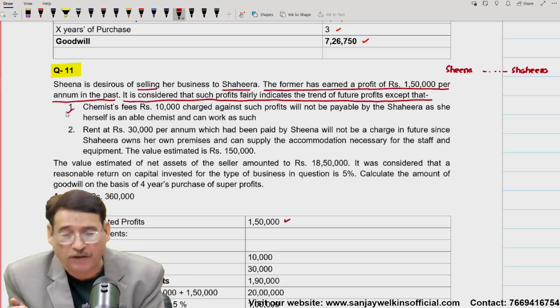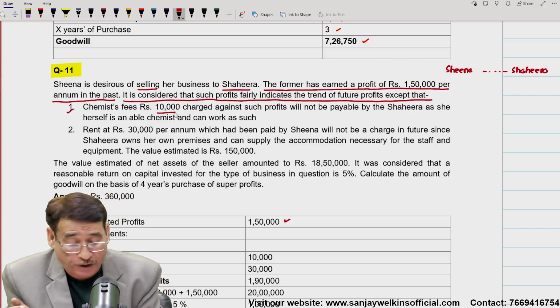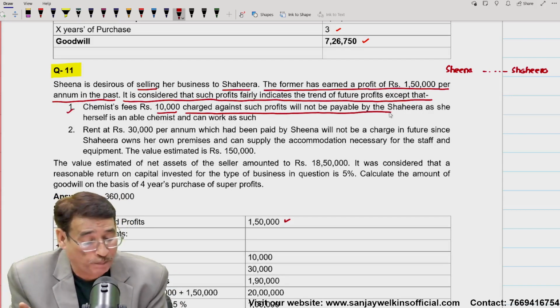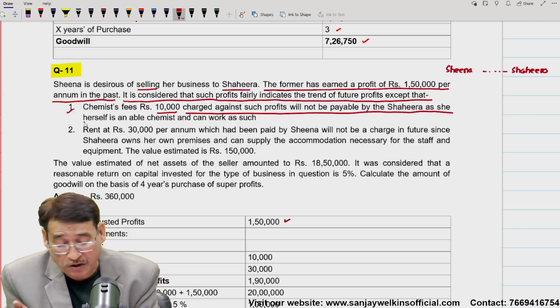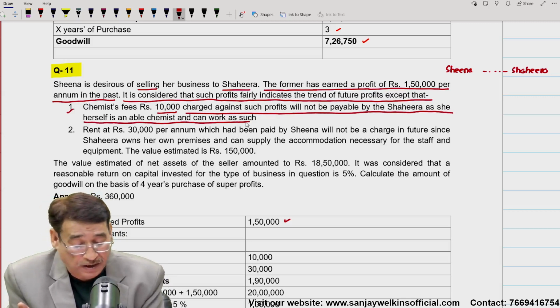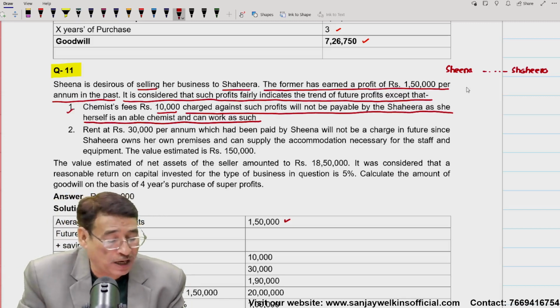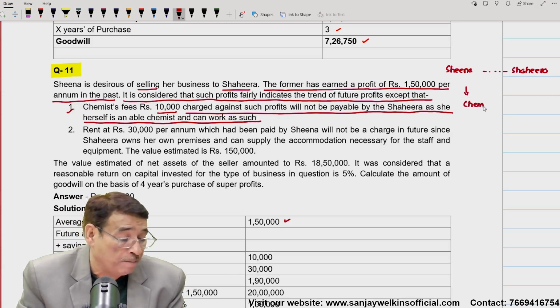For example, one, chemist fee of 10,000 which is charged against such profit will not be payable by Shahira, as she herself is an able chemist and can work as such. So right now, Sheena might have kept a chemist, and the chemist fee, as you can see, is 10,000. Obviously, this must have been charged to the profit and loss account.